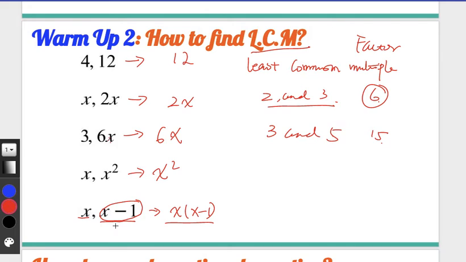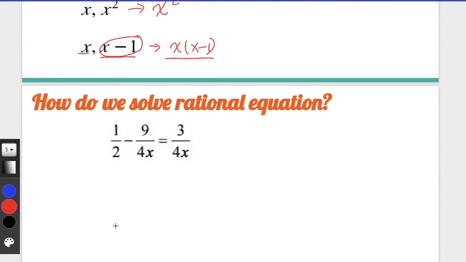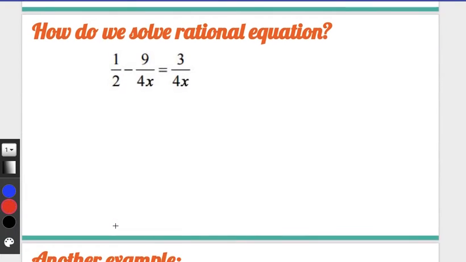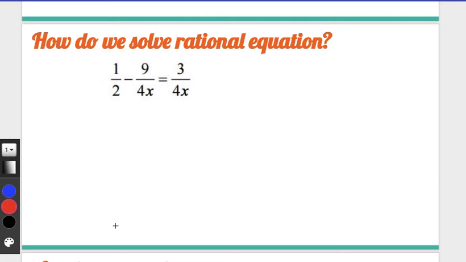Okay, so this is all the work we need to get ready to solve the rational equation. So now we are going to check the very first example, this one. As you can see, the very first thing, we always need to find the LCM, or this time we can even call it the LCD.